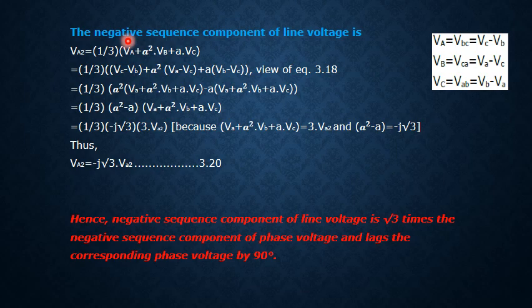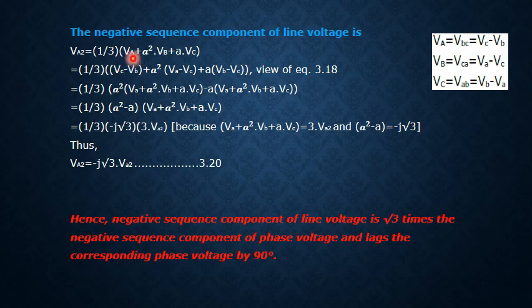For the negative sequence component, as we know, this is the equation we obtained from our previous session. This is the equation meant for the negative sequence component of line voltage. According to that, we now need to substitute the respective values. Capital A represents line voltage, and the small letter represents phase voltage, as I told earlier.